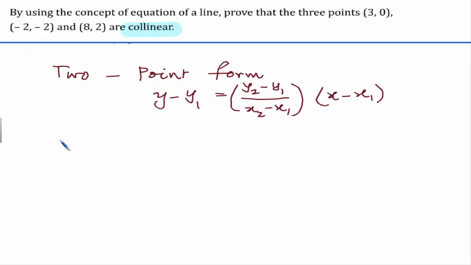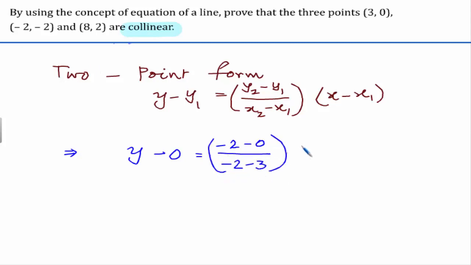Now let us substitute into this. y minus y1 is y minus 0. This is equal to y2 minus y1, meaning minus 2 minus 0, by minus 2 minus 3, into x minus x1, which is x minus 3.